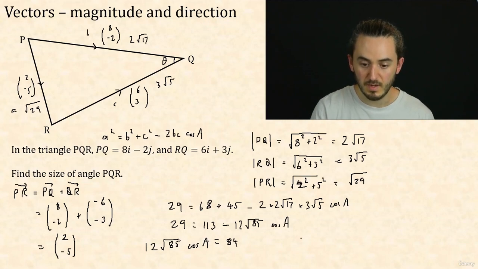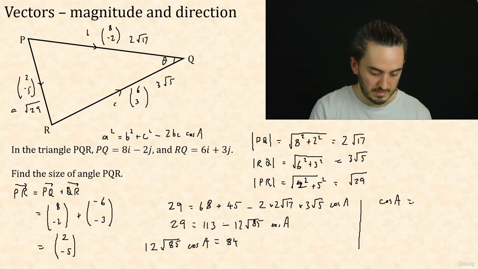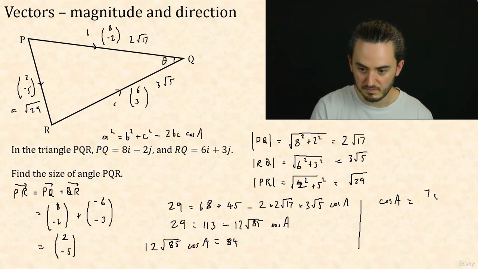Dividing both sides by 12 root 85, I get that cos A equals 84 divided by 12 root 85, which is a bit of a monster on my calculator. It's 7 root 85 over 85.